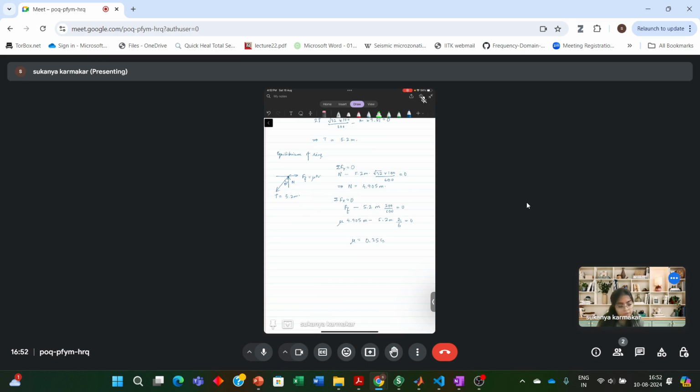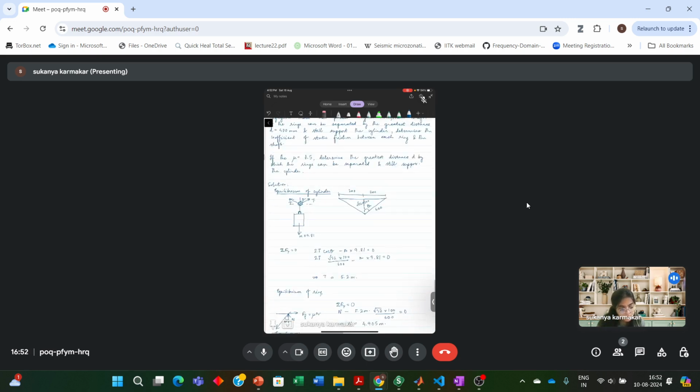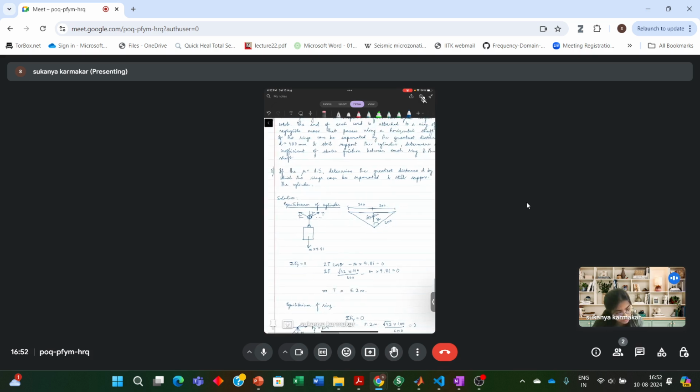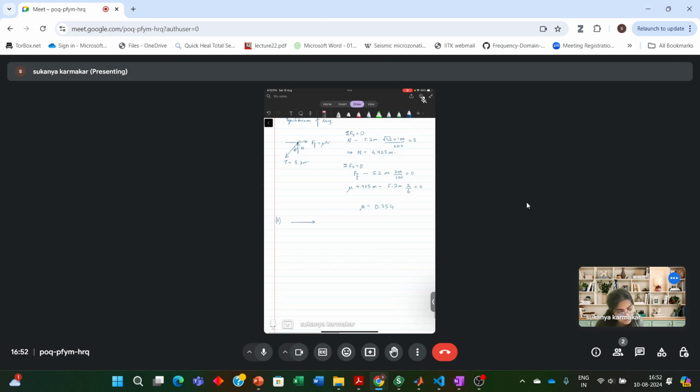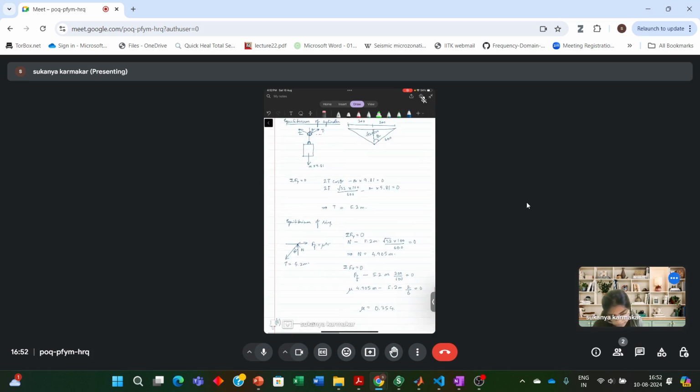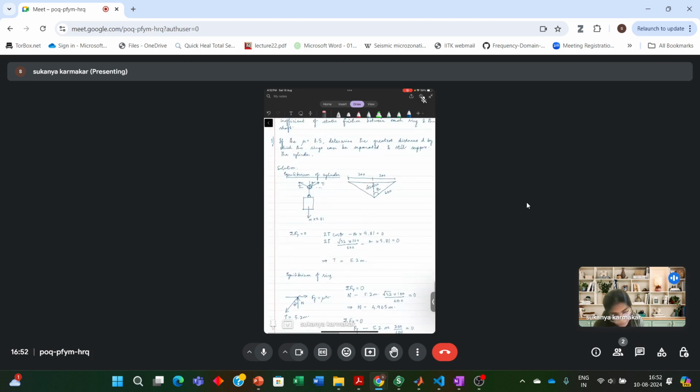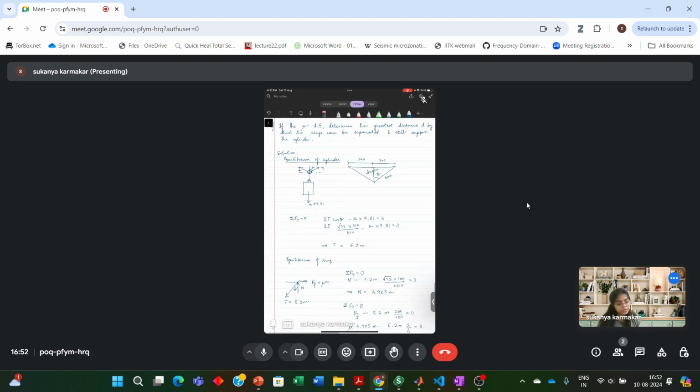Okay. This is the first part of the question. Moving on to the second part of the question. Given that you have a certain value of mu, you need to find out the distance D. So again, let's take up the equilibrium of the ring. Here, the coefficient of friction is 0.5.